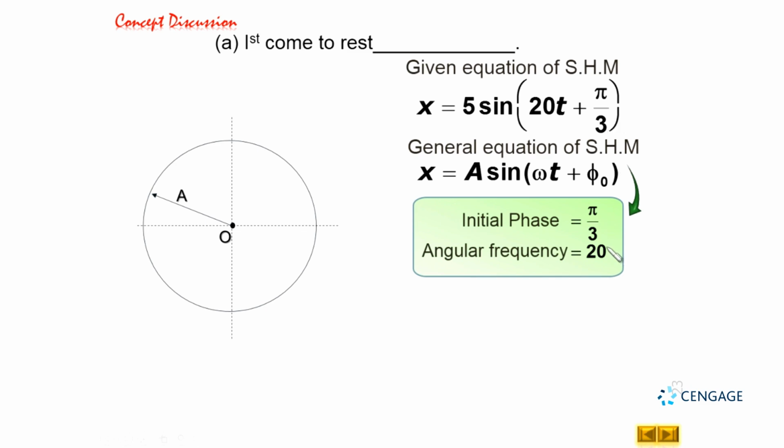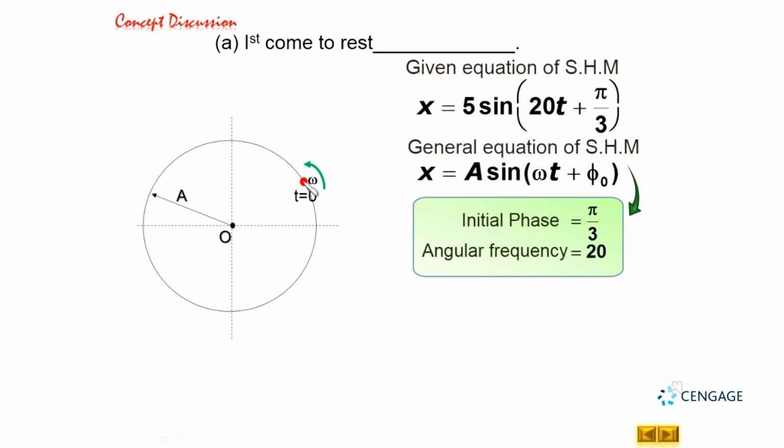You can observe here, this initial phase is π/3. That means the angular position should lie in the first quadrant. Let us mark the angular position of the particle at t = 0 here. And in the circular motion, the particle will rotate with a constant angular velocity ω in the counterclockwise sense.